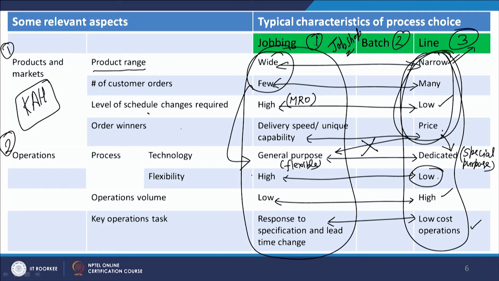This is also true because here you see the volume is also low. Each customer requires orders in smaller quantities. So, here my key operations task is how quickly I am able to develop that flexibility in my system, how quickly I can respond to varied requirements of my customers.